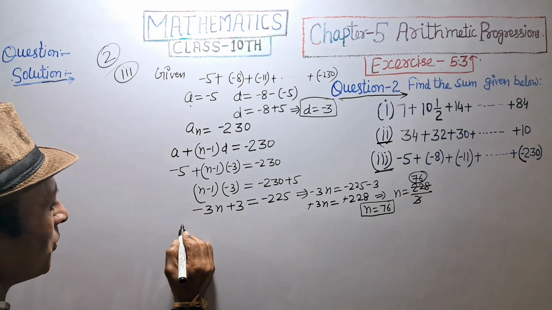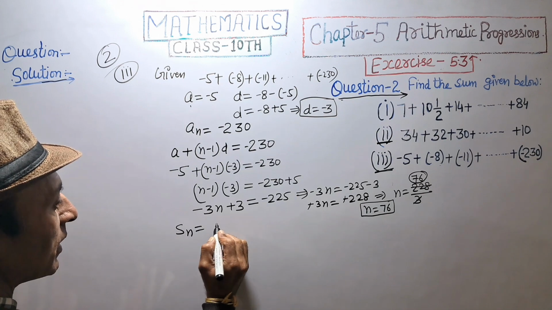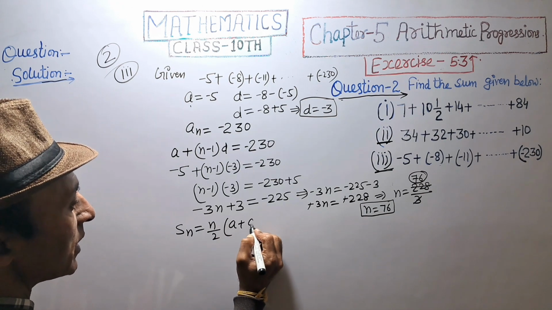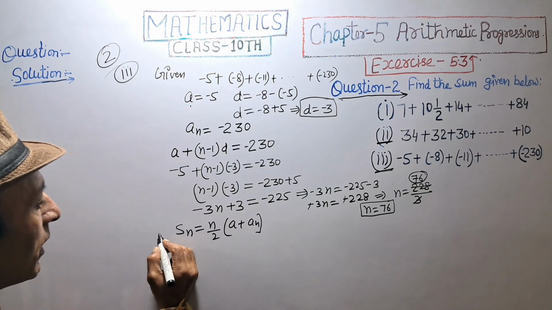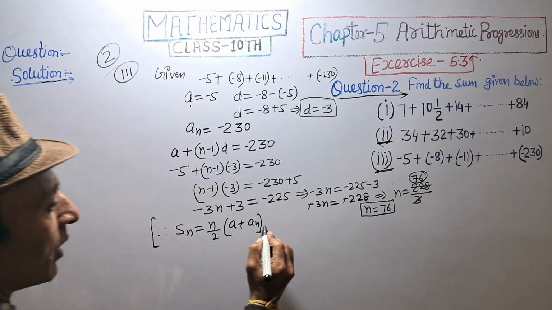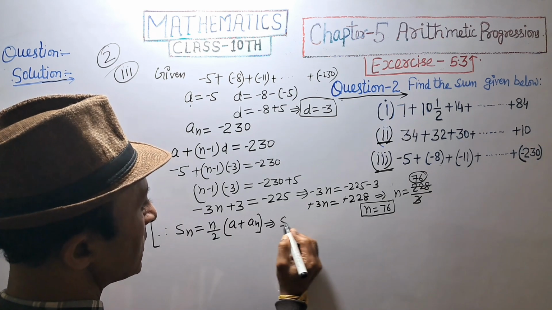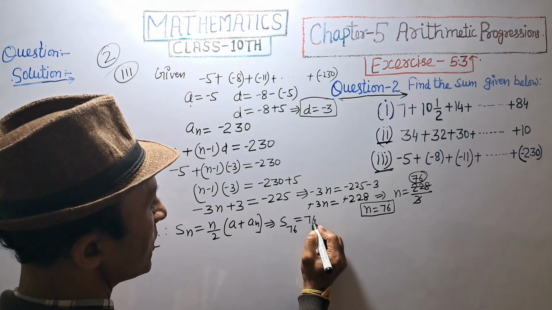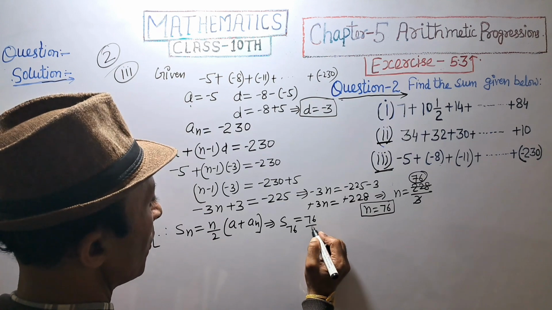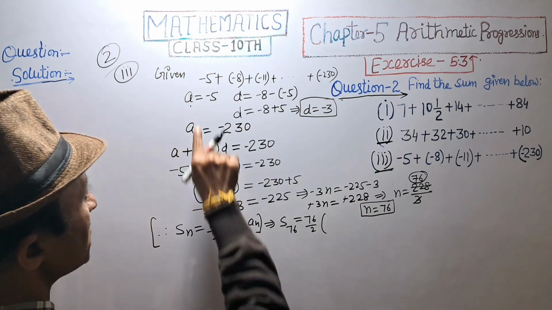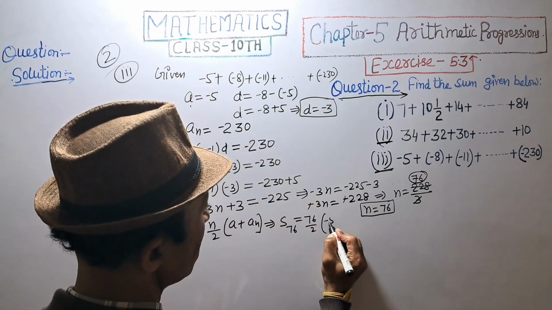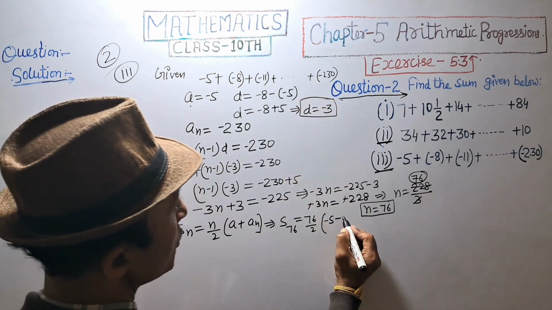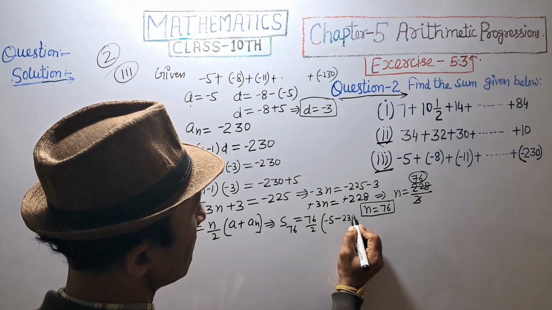But we want to find Sn, that is n upon 2 times a plus an. This implies S76 is equal to 76 upon 2. A is first term, that is minus 5, and an is last term, that is also minus 230.